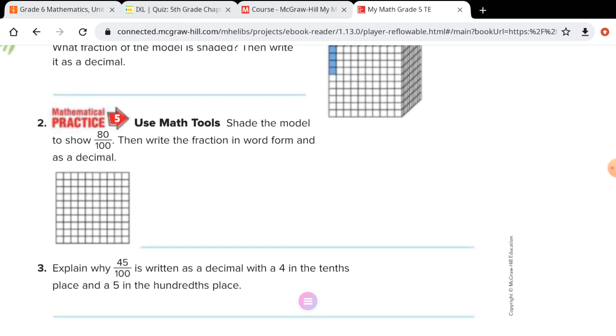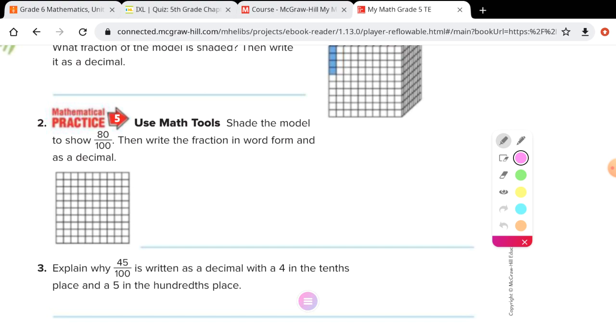Number 2 says, shade the model to show 80 hundredths. Pull out your highlighter. When we shade, we'll shade in highlighter. It just makes it a little bit easier. What is the easiest way to shade 80 hundredths, Bryson? 8 rows of 10, because we know each row is 10.